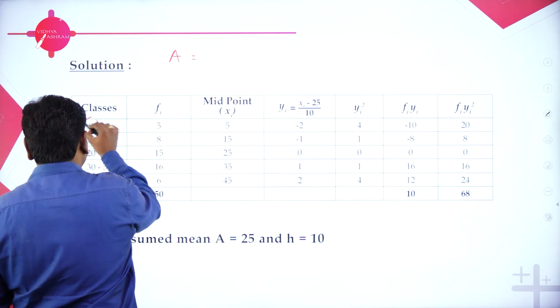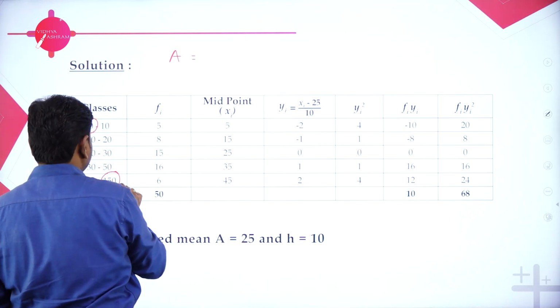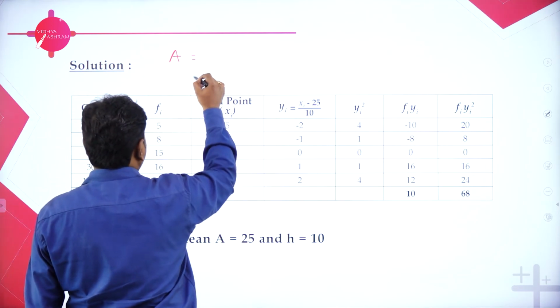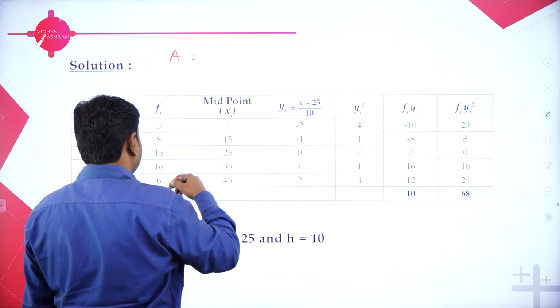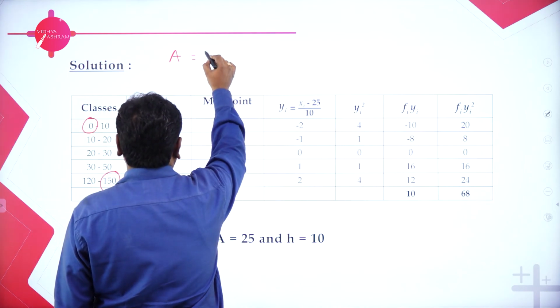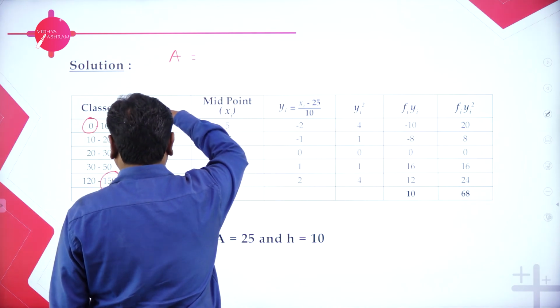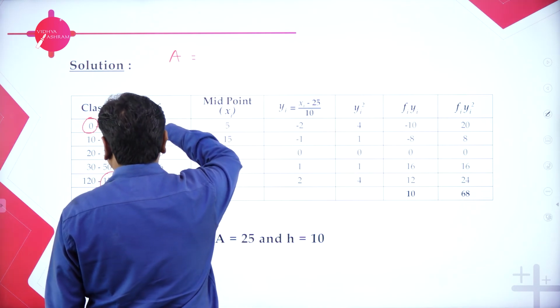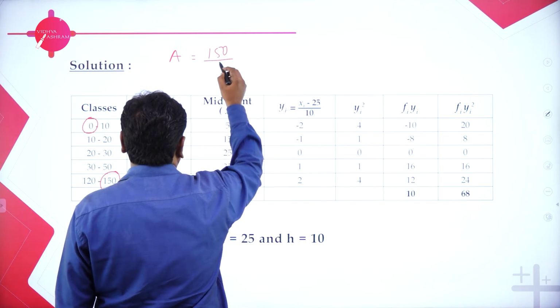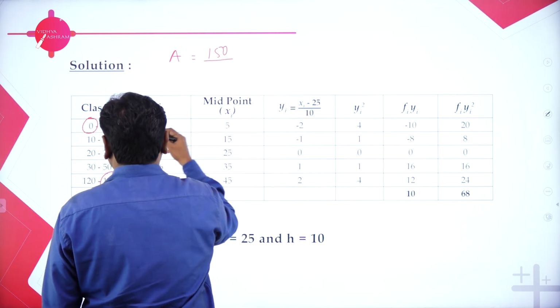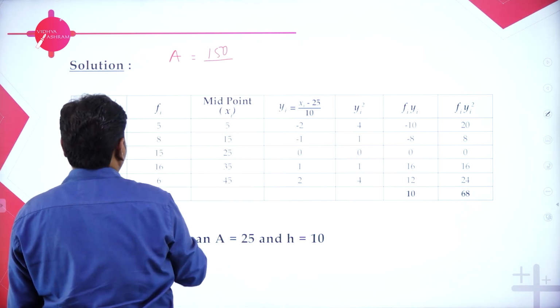Take the lower limit of the first one and the upper limit of the last one, 150 plus 0, the average of those two, the middle value, divided by class size. What is the class size here? 10.